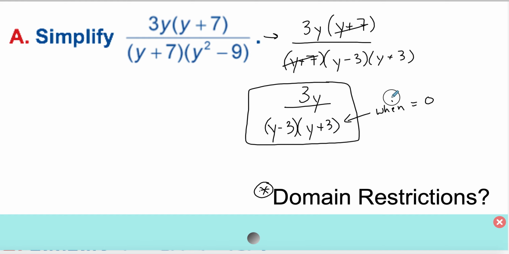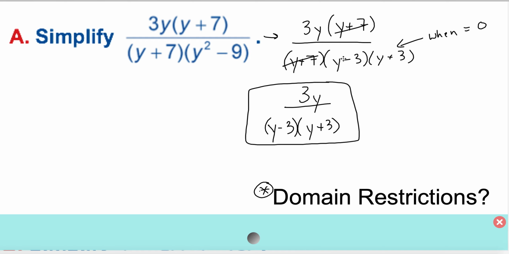And we also can't forget about our original. If you look at the way I factored it, it is much easier to see the zeros than in the original. So we want to factor everything out completely and then look for those domain restrictions.